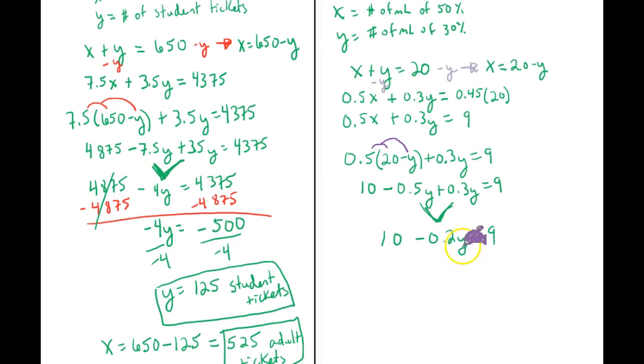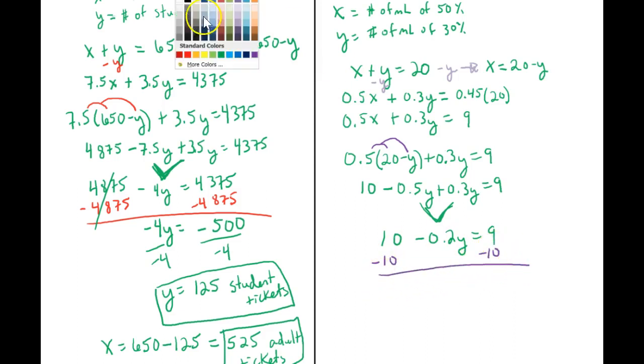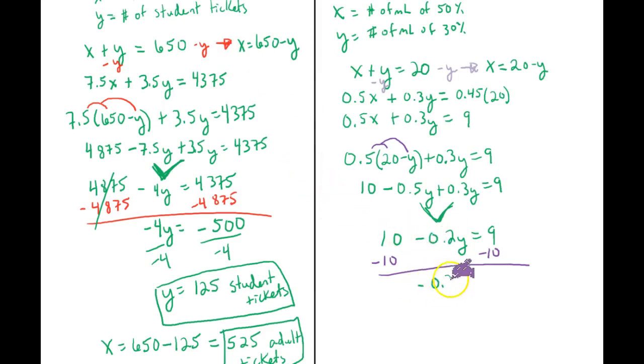The goal is to get y alone, so I need to get rid of this 10, get rid of the constants next. I do the opposite, so I subtract 10 from both sides. I'm left with negative 0.2y. Don't lose this negative, it went with the y, equals 9 minus 10 is negative 1. Again, I want to get y alone, so I divide by negative 2/10 on both sides.